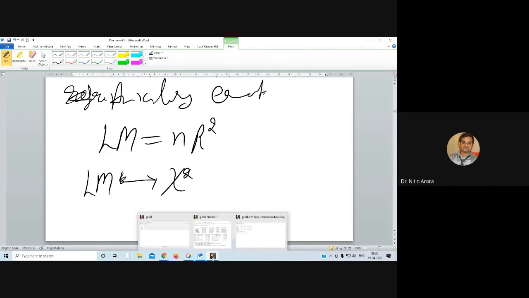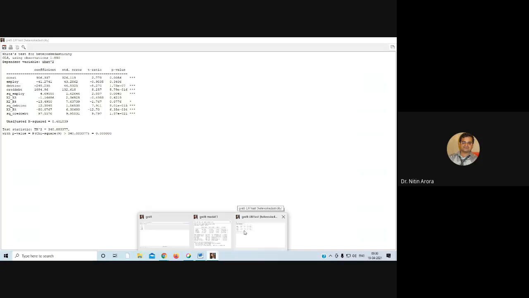Now, since it approaches a chi-square variate, we can use the chi-square test. Here T is n basically, so T r square is given. T is the number of cross-sectional units if it's cross-sectional data, and if it is time series data, T will be the number of time periods.